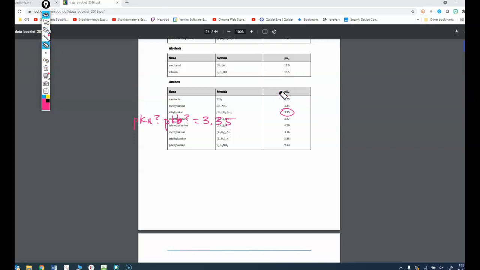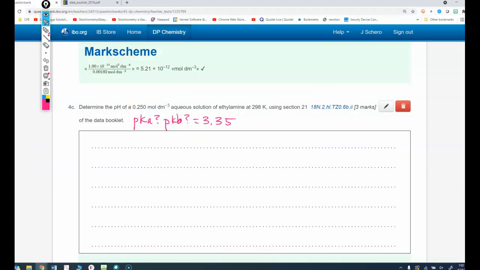I'm going to erase these two things so they don't show up. Let's go back to our page. It says determine the pH of this solution. So let's remember our equation: ethylamine, CH3CH2NH2, reacting in water, and we're going to end up with OH- ions and CH3CH2NH3+.